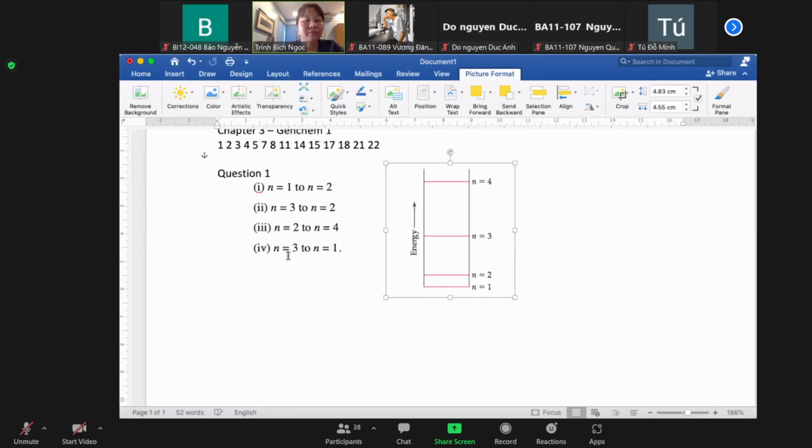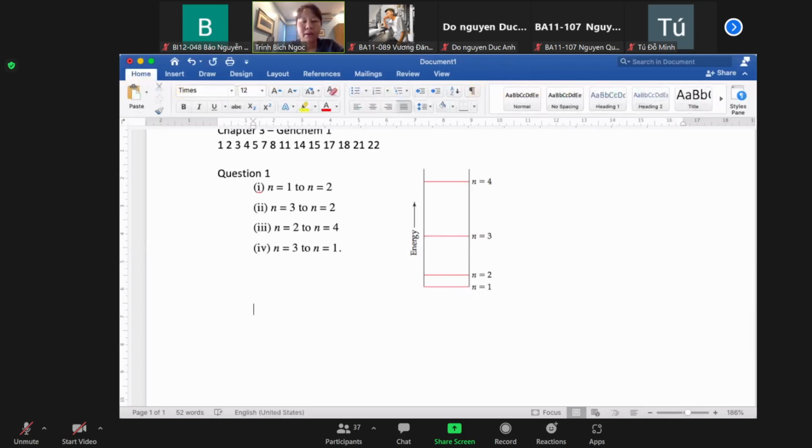So you will have 4 energy transitions: from the ground state at level n equal to 1 to n equal to 2. The second one, 3 down to 2. Third one, 2 to 4, and the fourth one, 3 down to 1.